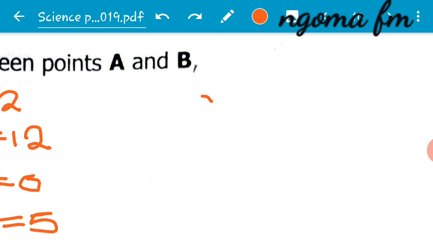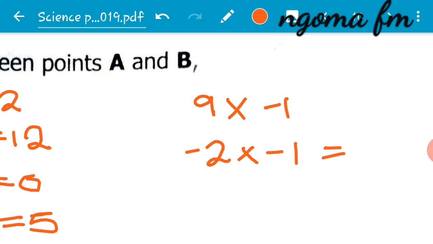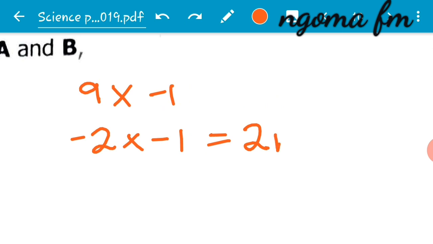So it will be a times -1. So we have -2 times -1. This gives us a positive 2. A positive 2 meters per second squared.